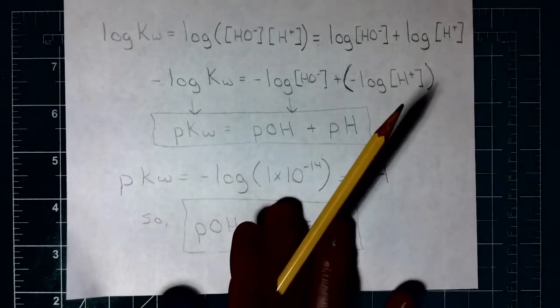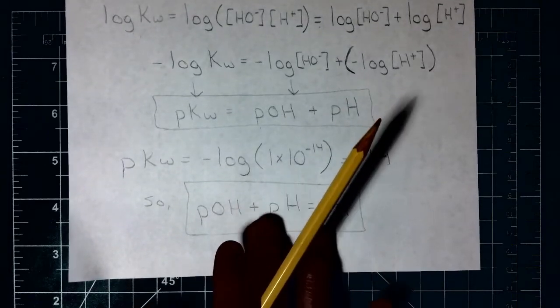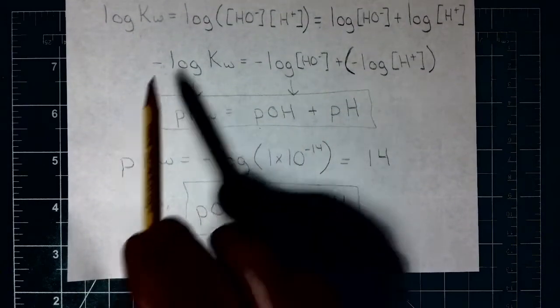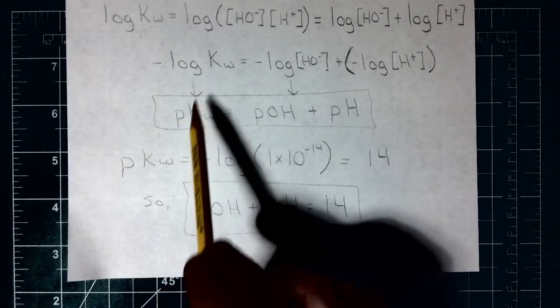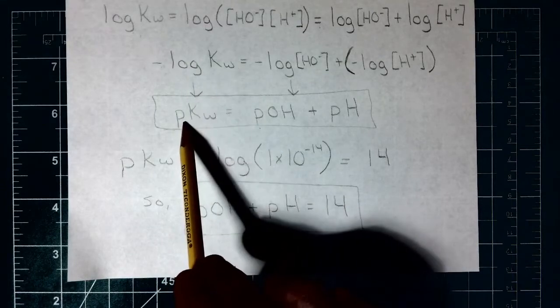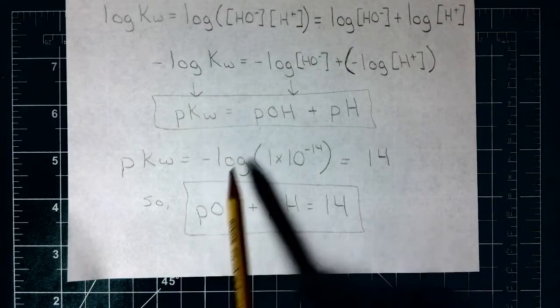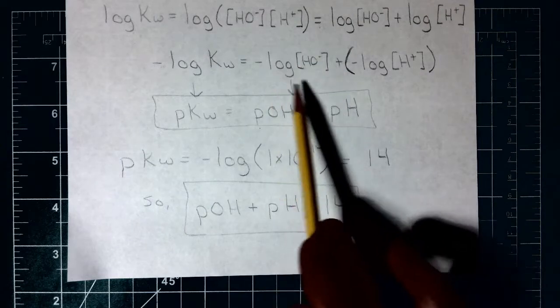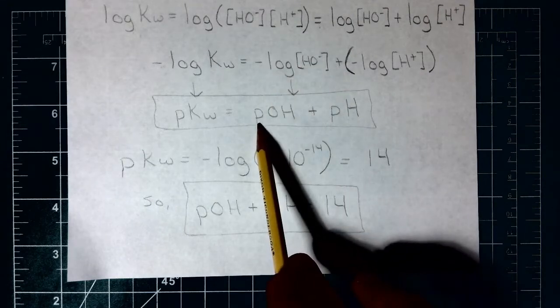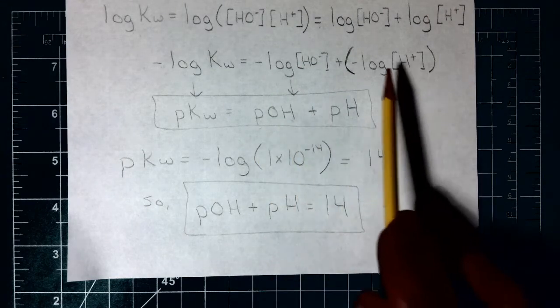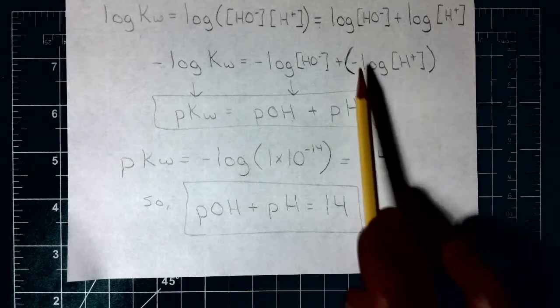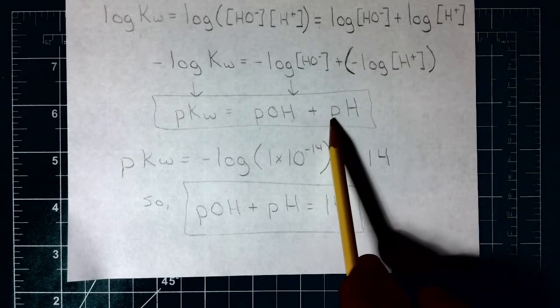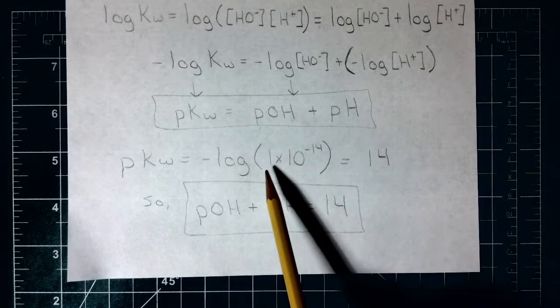Now, why did I do that? I did that because these all have specific definitions. The negative log of Kw is something we call pKw. The negative log of the hydroxide ion concentration is pOH, and the negative log of the proton concentration is pH.